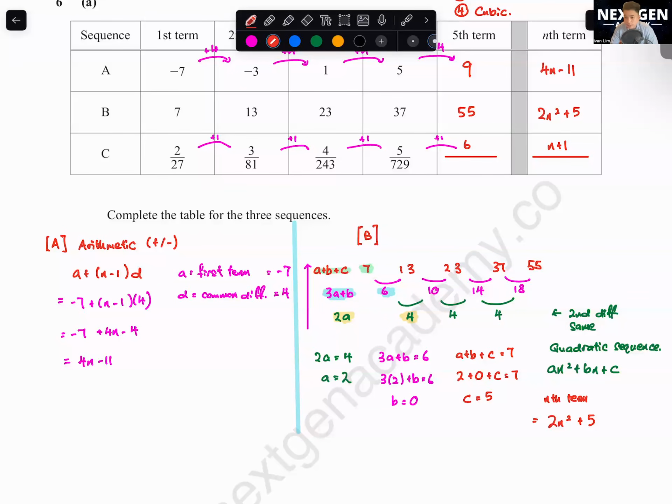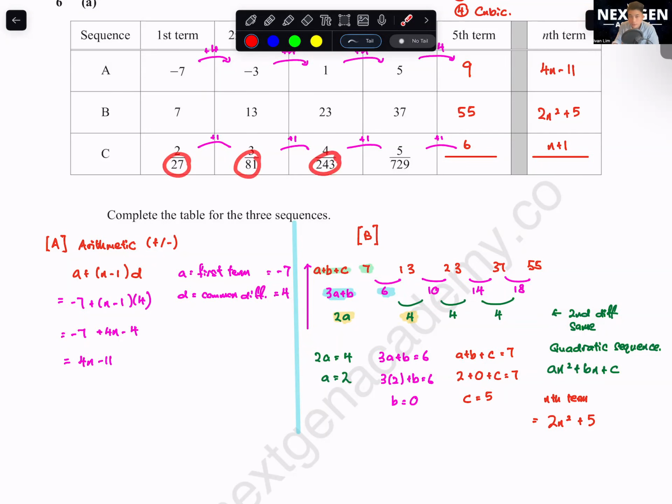Do you all see any pattern here? 27, 81, 243, 729. 3 square. Okay, Sanjay says 3 square. Okay, first value, is it 3 square? 3 cube. 3 cube then? What's this? 3 power 4.